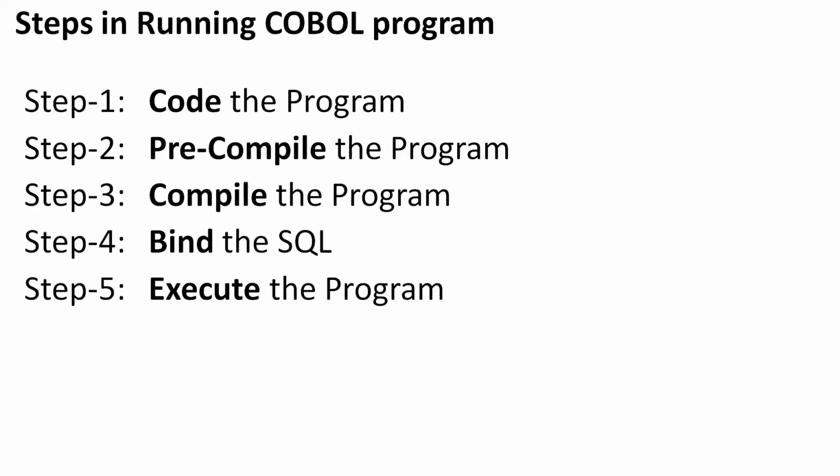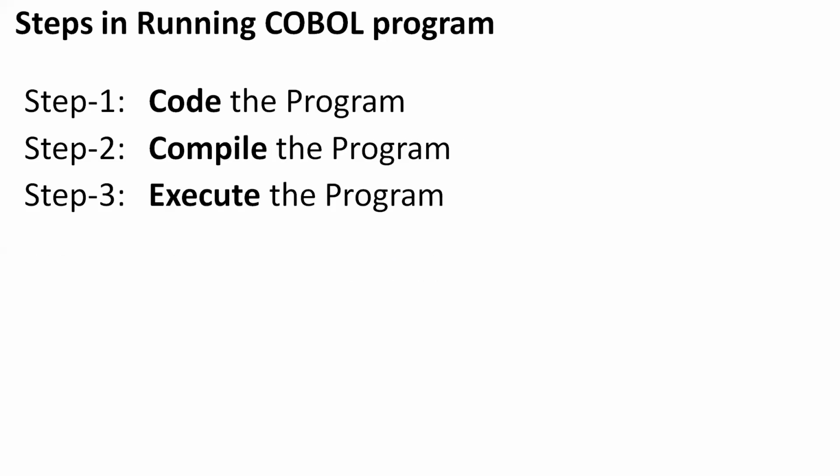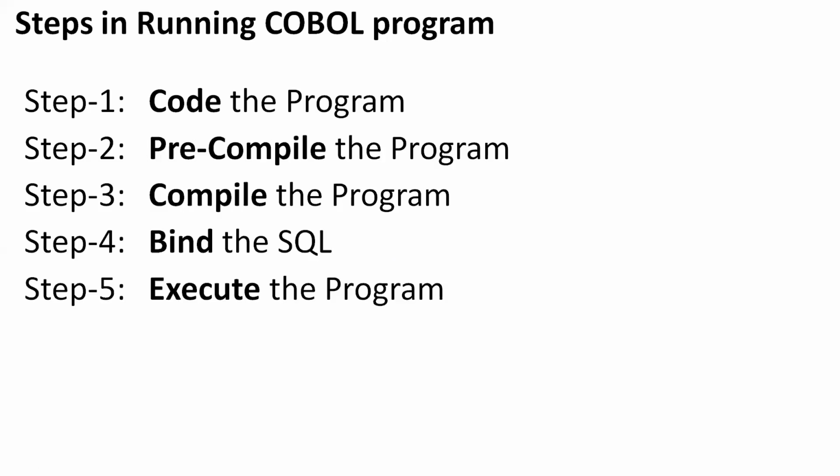So we have 5 steps. Normally we have 3 steps: code, compile, and execute. When you go to a COBOL DB2 program, these are the steps in running a COBOL DB2 program. We have to code the program first.